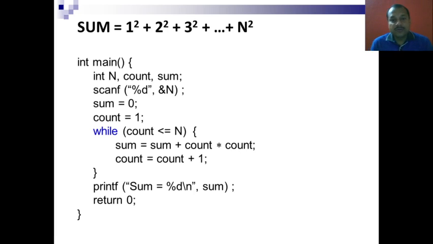Now one more thing I wish to highlight here: since I am doing 1 square plus 2 square plus 3 square etc., the square will get the priority. That's why this count multiplied with count, as per this equation, may be put inside a parenthesis, but as you know, based upon the precedence of the operator, this multiplication will take place before this addition.